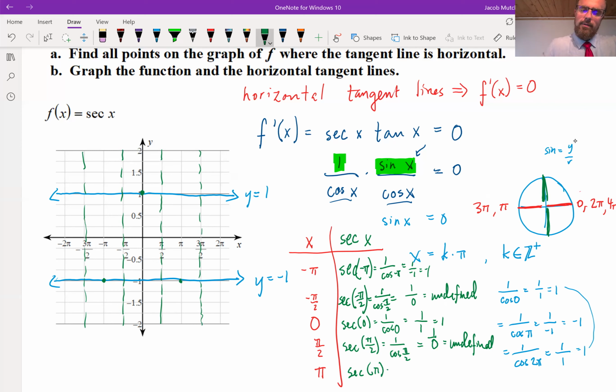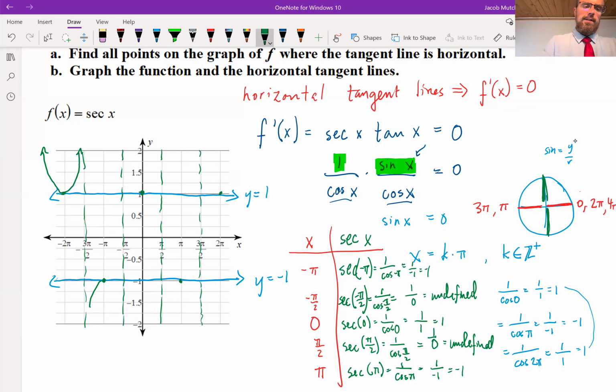That's going to be 1 over cosine at positive pi, which confirms it. That's 1 over -1, which is -1. And then I can repeat that pattern. It's oscillating back and forth, but the difference between cosine and secant is that secant's curve moves away from the x-axis instead of being bound down on the x-axis.